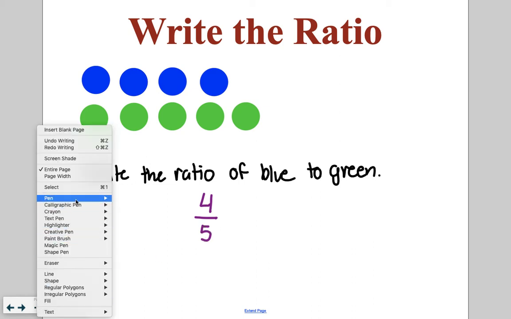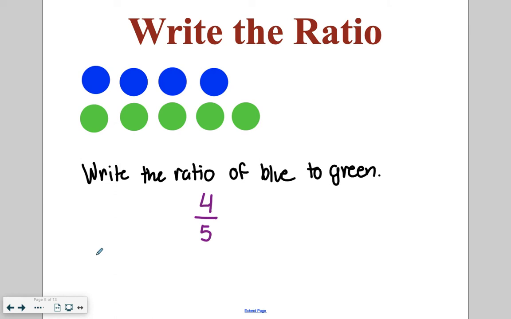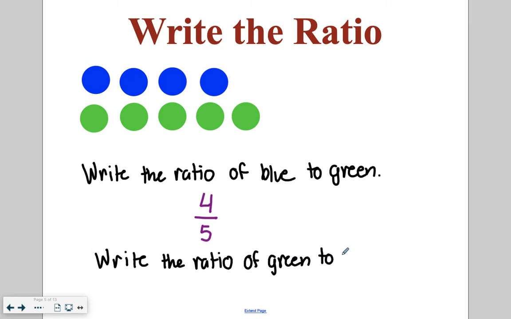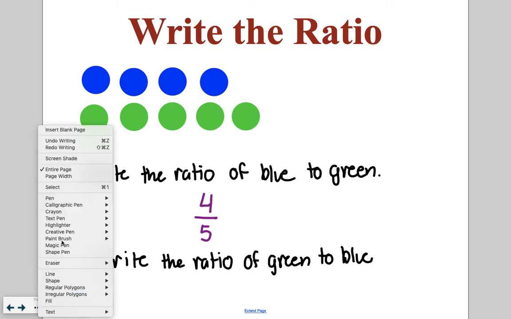The other question that they could ask you for this setup would be to write the ratio of green to blue. So now it wants the number for green in the numerator.